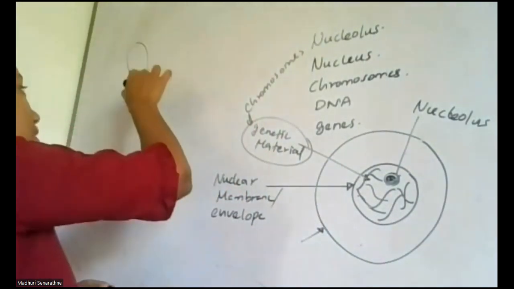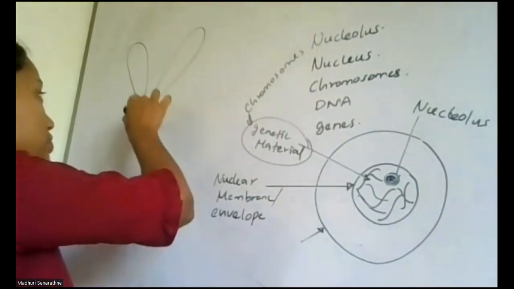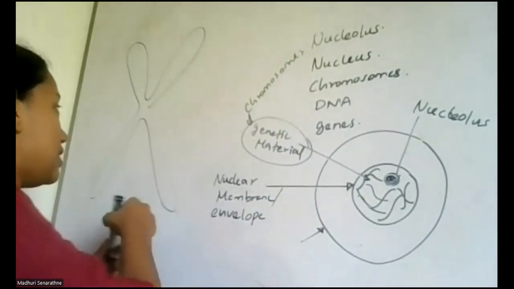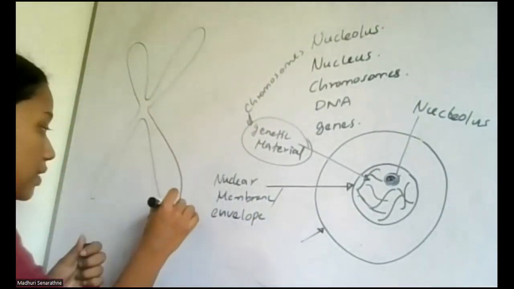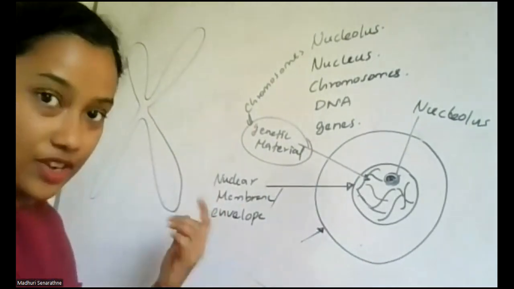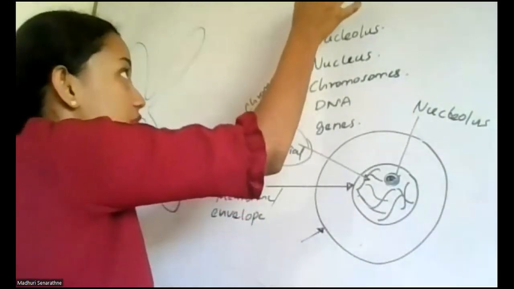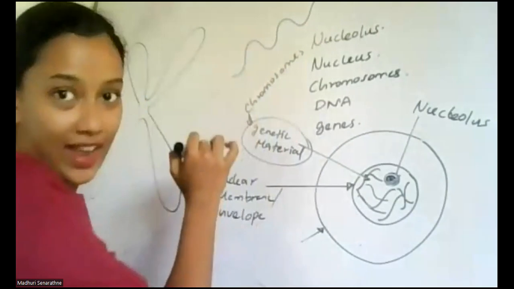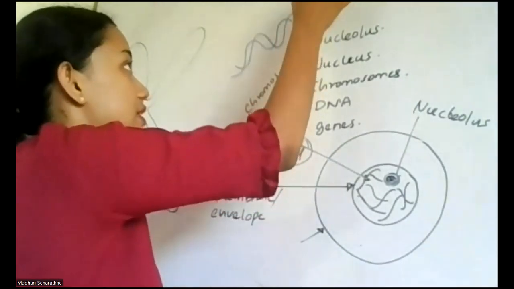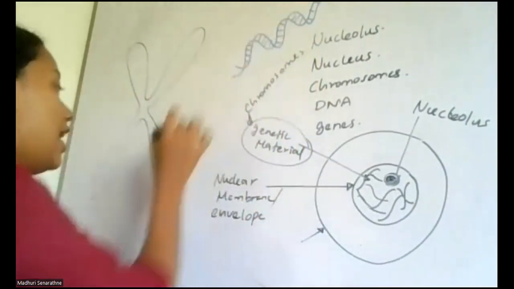You may have seen chromosomes drawn like this. This is the chromosome. We can see DNA. We know the DNA is a double strand, but for now we represent this double helical structure as a single line.